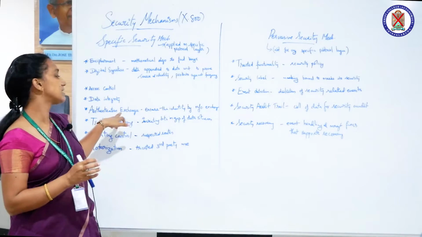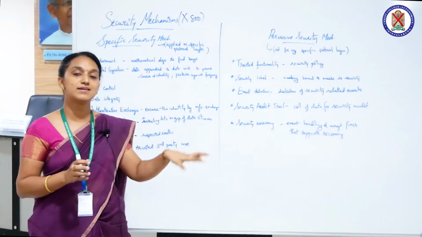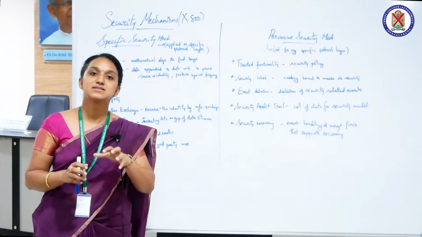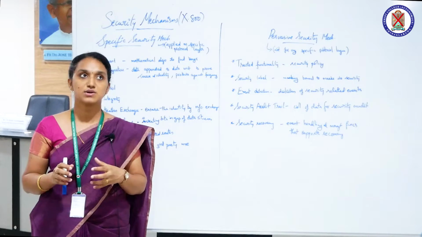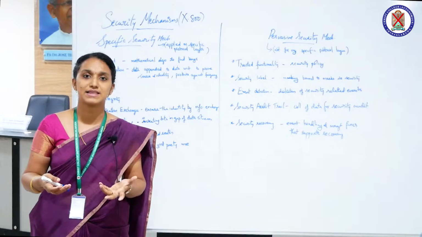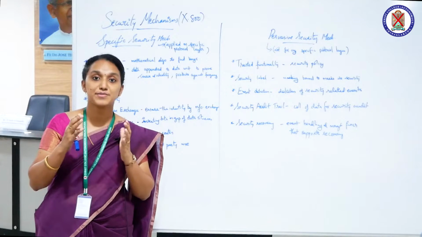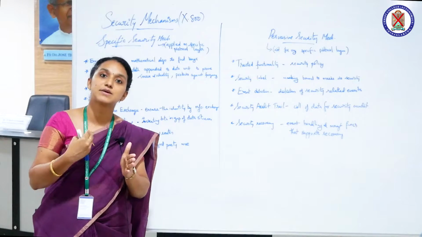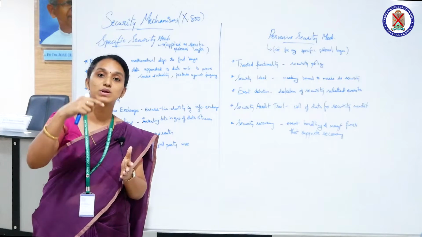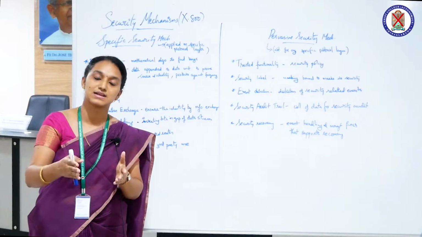The next one is Authentication Exchange. This is nothing but ensuring the identity of the communicating entities by some information exchange. It can be some code or some secret key or something like that. Maybe I give 1, 2, and the third code will be given by the destination side, just to assure it's the right one.